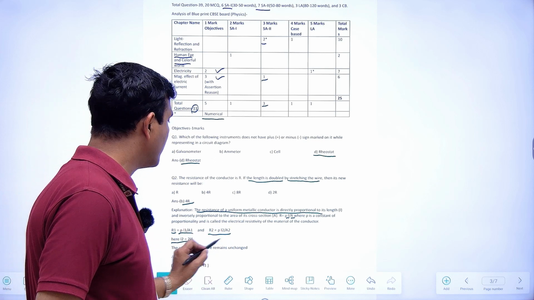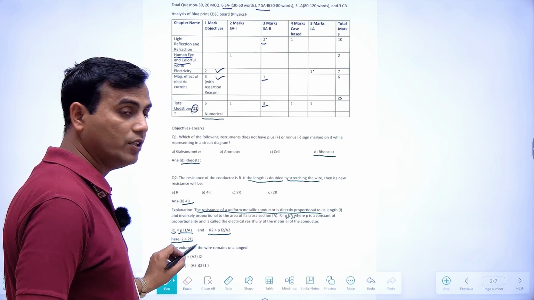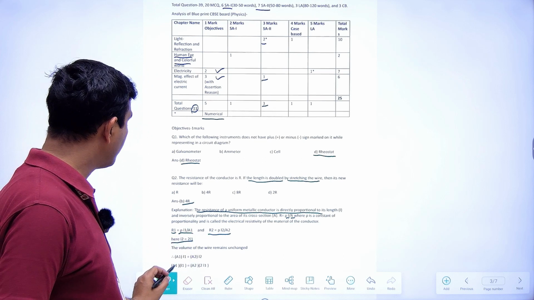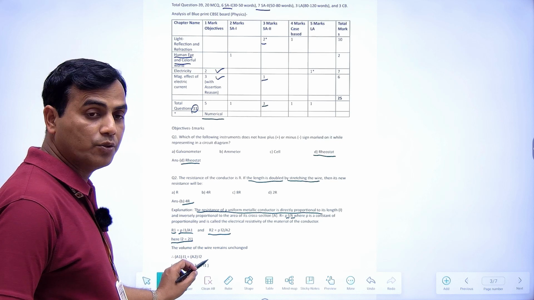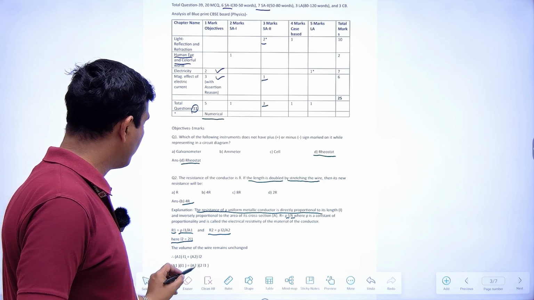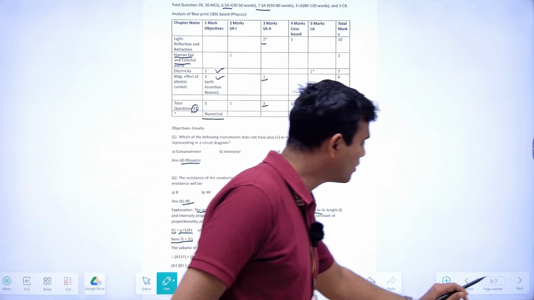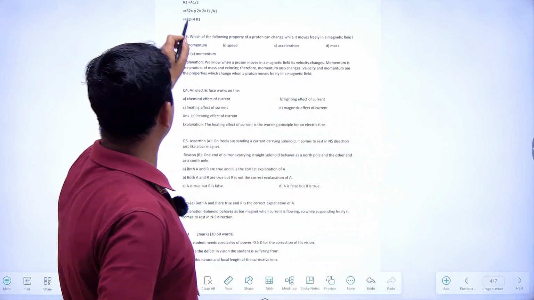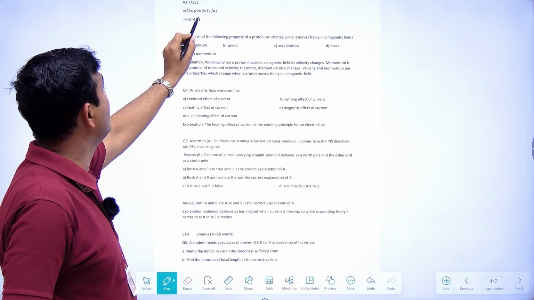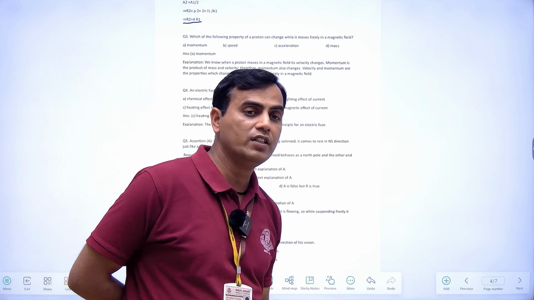Here it is given that the length is doubled by stretching, so L2 equals 2L1. Because the volume in both cases is the same, A1 L1 equals A2 L2. We put L2 as 2L1. By further solving it, we get A2 equals A1 upon 2. So putting these values, we get R2 equals 4R1, which is our answer.